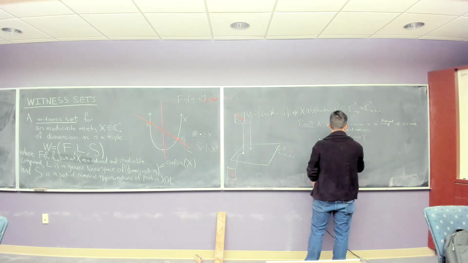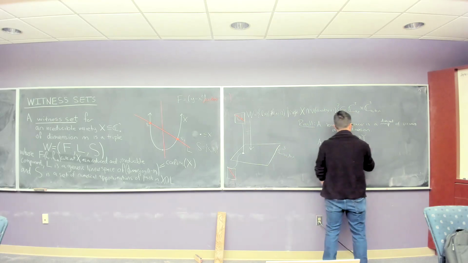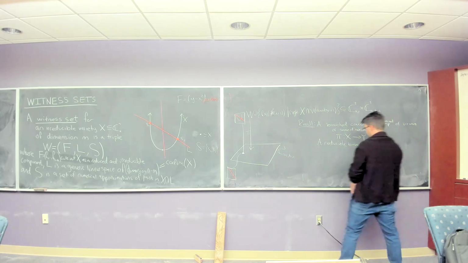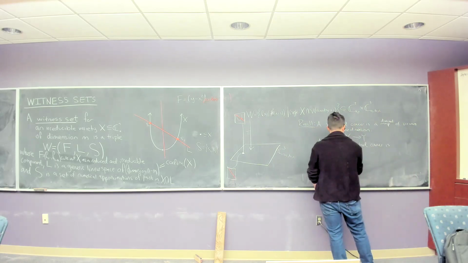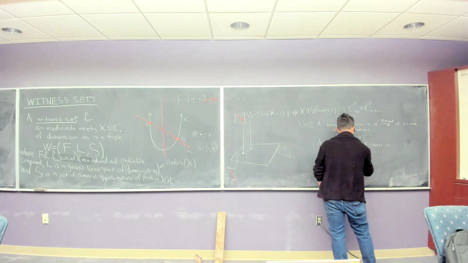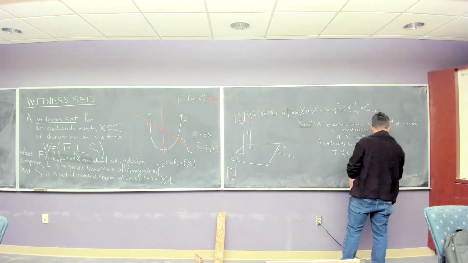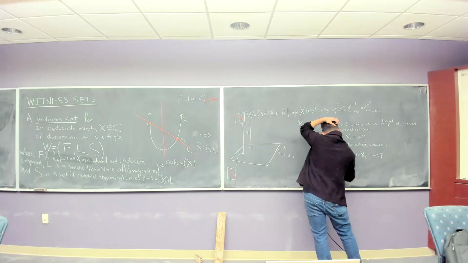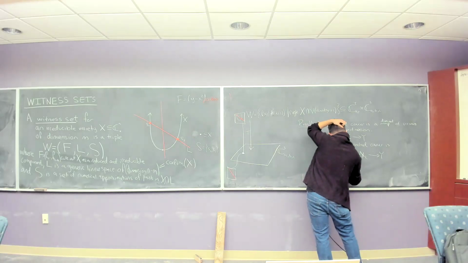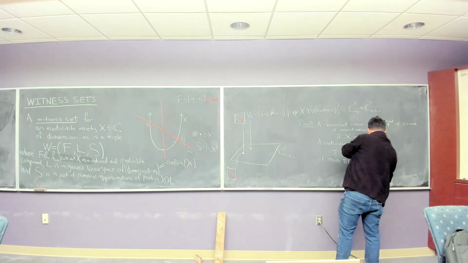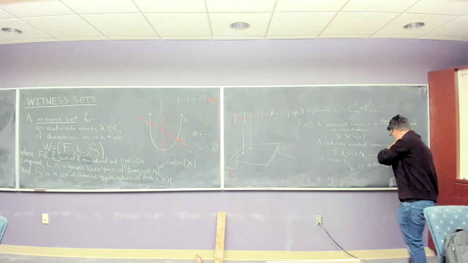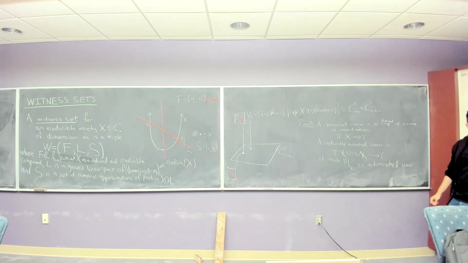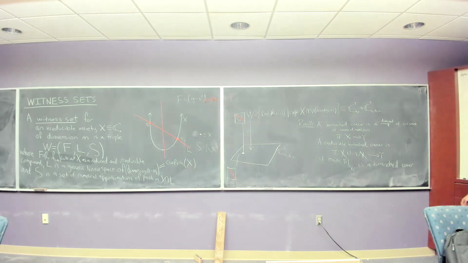Reducible is one where you just have lots of components.